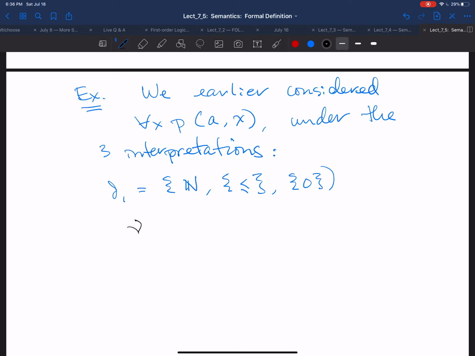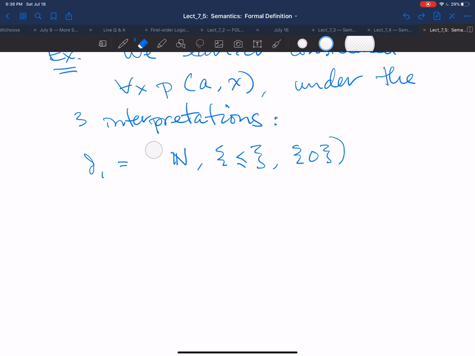we know that the truth value of our formula, sorry, this should have just been a parenthesis here because this is a triple.